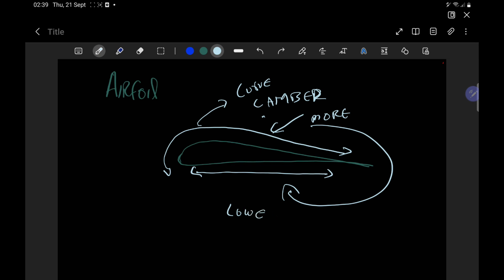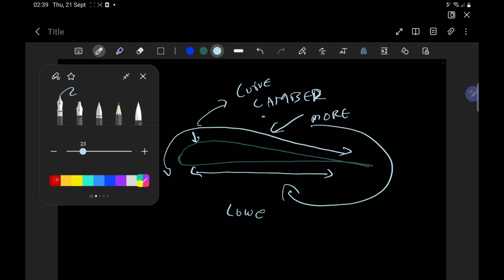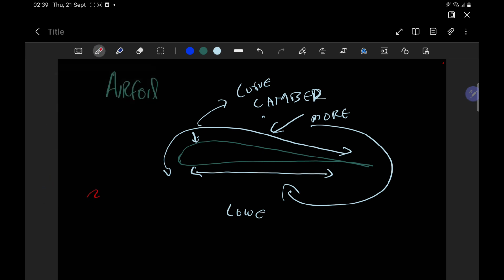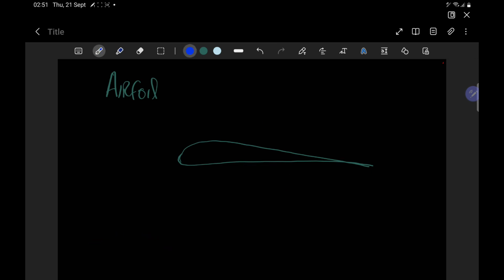We need this upper camber to be more in order to generate the same effect which was generated in the tube example which I showed you. So now we know that the upper curve of the wing is greater than the lower curve of the wing.